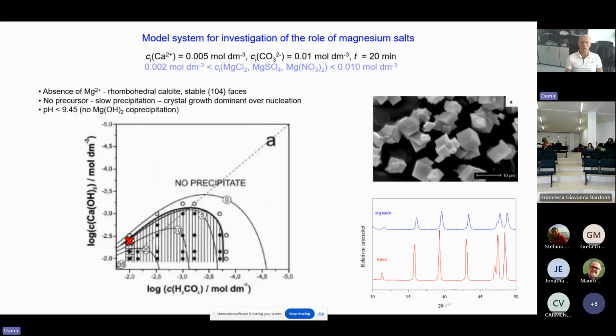Analysis time was 20 minutes, but magnesium was introduced into this system by varying its concentration and varying the source of salt. So it was introduced in the form of magnesium chloride, magnesium sulfate, and magnesium nitrate. The concentration of magnesium changed in a range from 0.002 moles up to 0.01 mole.